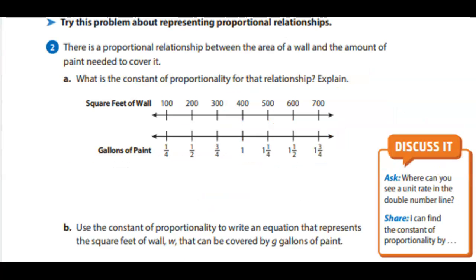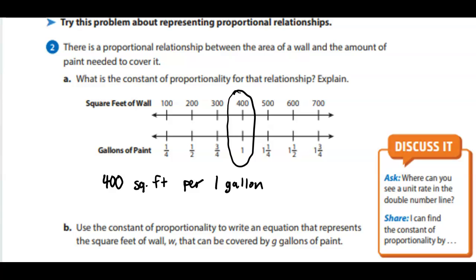So we take a look at this double tape and we say, what's the constant of proportionality for this relationship? So look for the one that has 1. It's right here in the middle. So possible answer is 400 square feet per, and then this says gallons of paint, so 1 gallon of paint. So remember, that's our unit rate, and it's also our constant of proportionality.